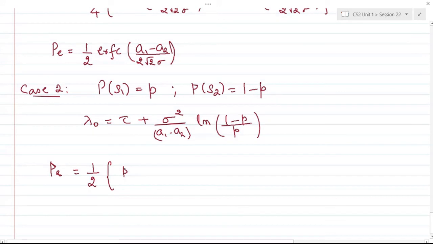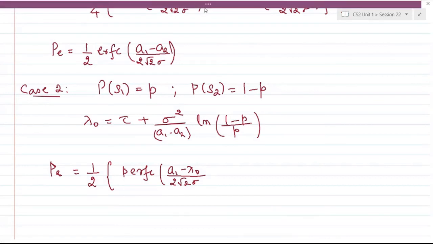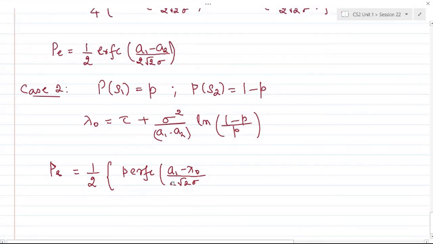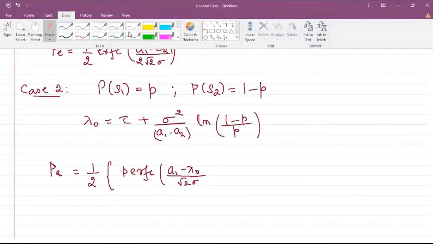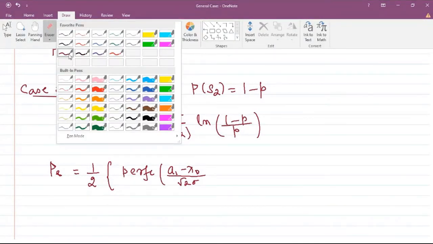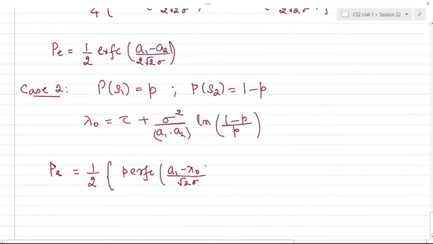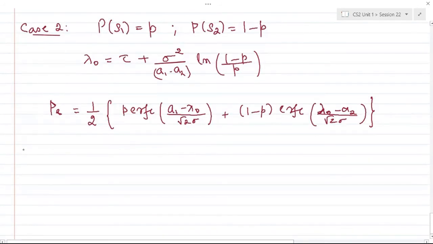So P times the complementary error function of (A1 minus lambda naught) over root 2 sigma, from the expression that we have derived, plus (1 minus P) times the complementary error function of (lambda naught minus A2) over root 2 sigma. So this is my case 2.